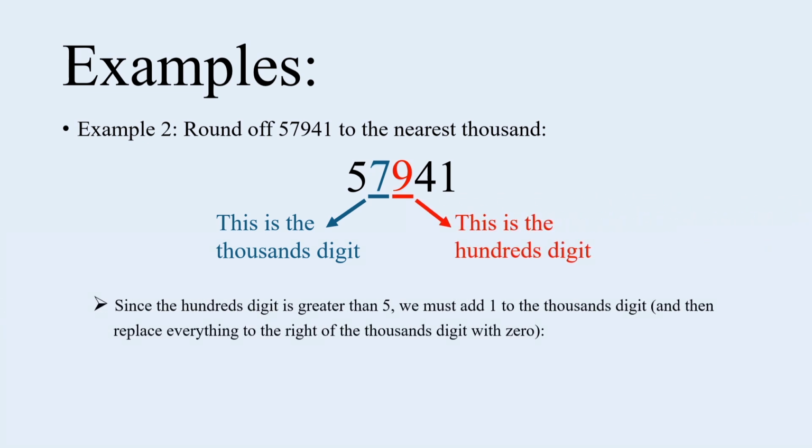Since the hundredths digit, which is 9, is greater than 5, this means we must add 1 to the thousands digit, and then simply replace everything to the right of the thousands digit with 0. Therefore, 57,941 rounds off to 58,000.